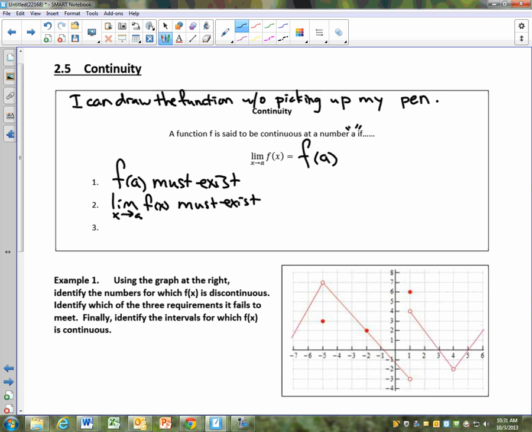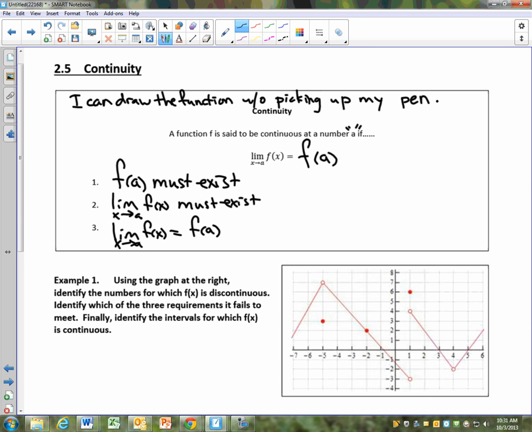And then finally, the third piece: 1 and 2 must be the same. So the limit as x approaches a of the function must be the same as f of a, which is what we stated in the beginning.